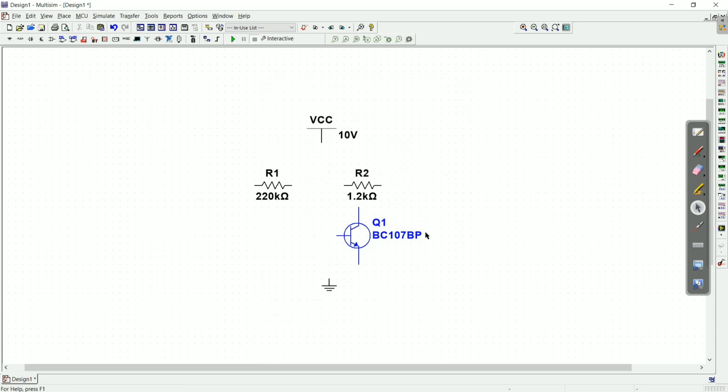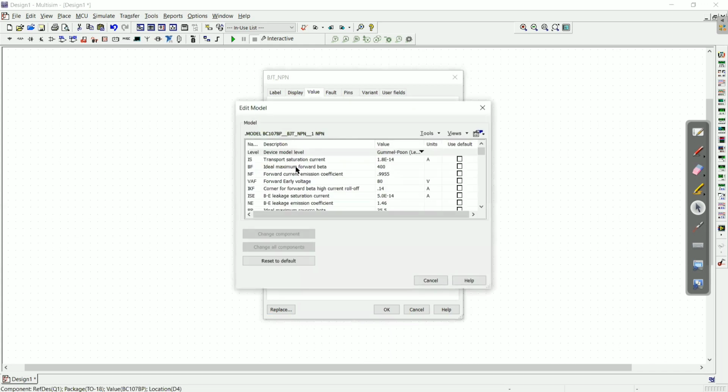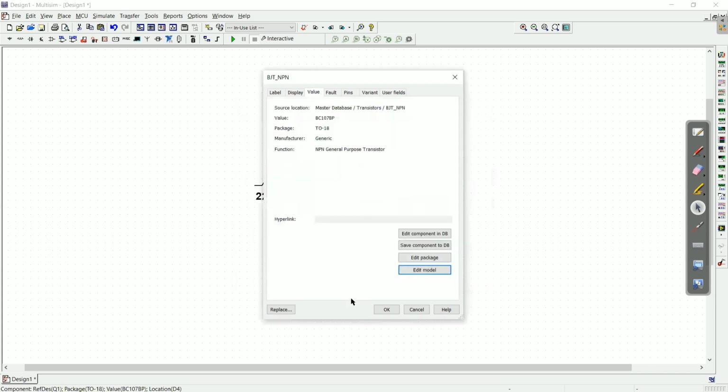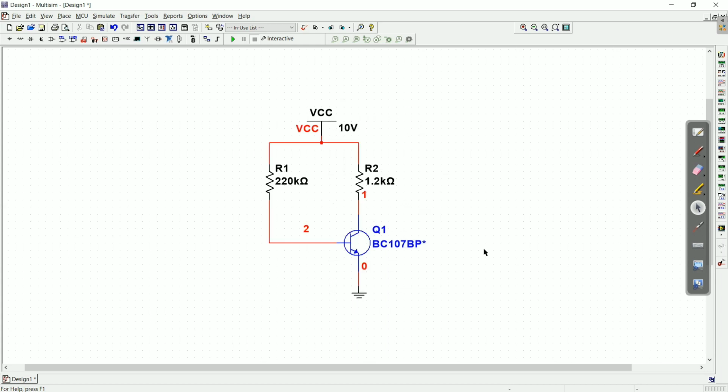For changing the beta value of this transistor, double click on it, go for edit model. Here the ideal maximum forward beta is the beta of that particular transistor. We can change this. I'm taking it as 50. Let's connect this circuit. After connecting, the circuit looks like this.